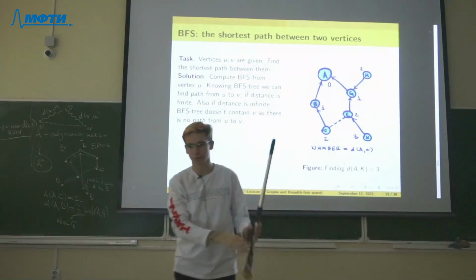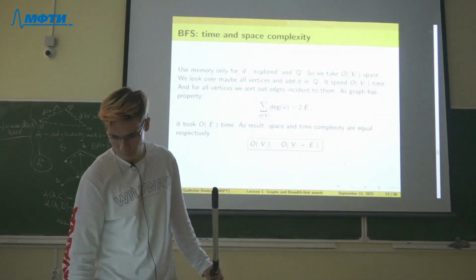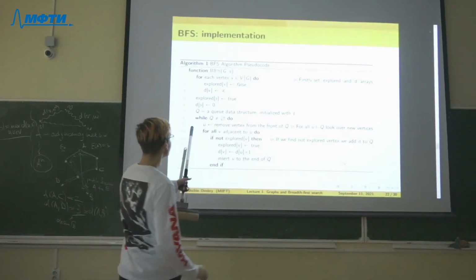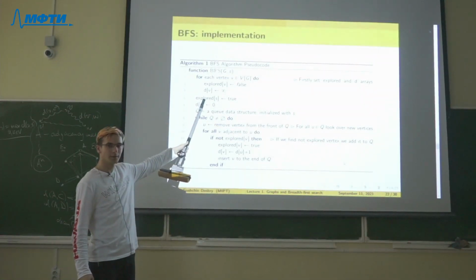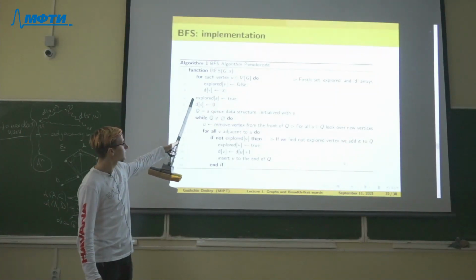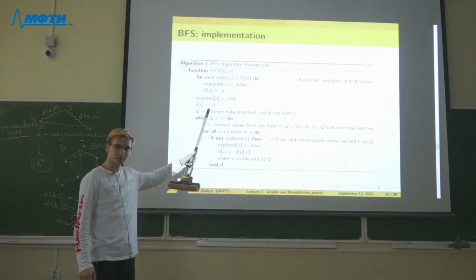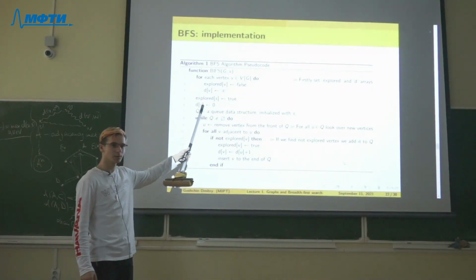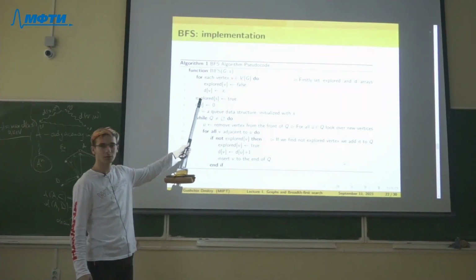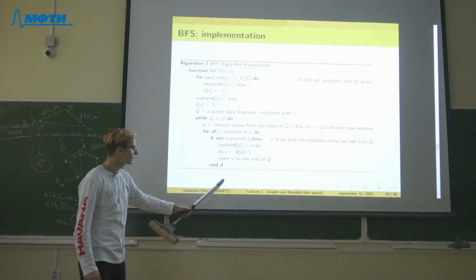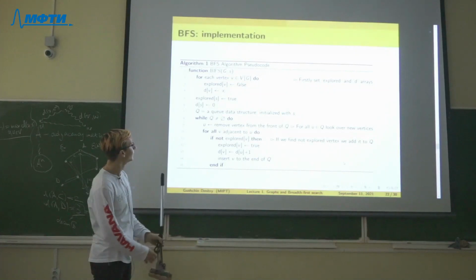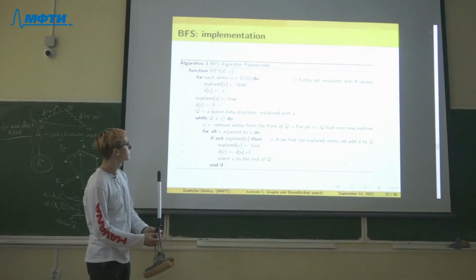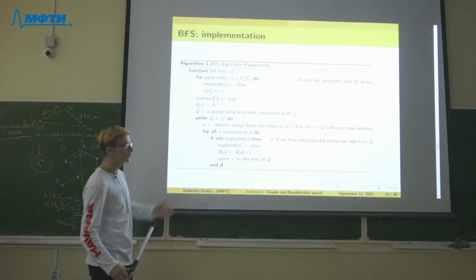So we need to add in this implementation another array that contains parents of vertices, okay? And at the start it has 0 references, and at the end of the algorithm this new array will contain references to parents.